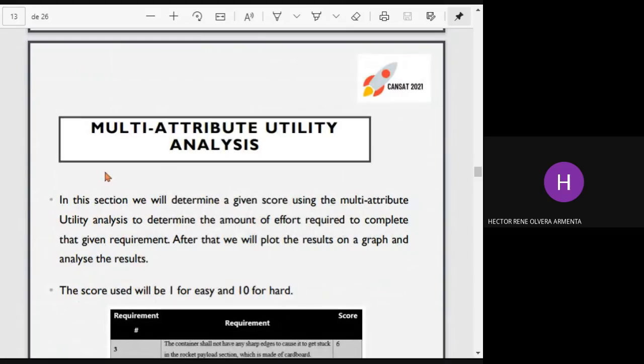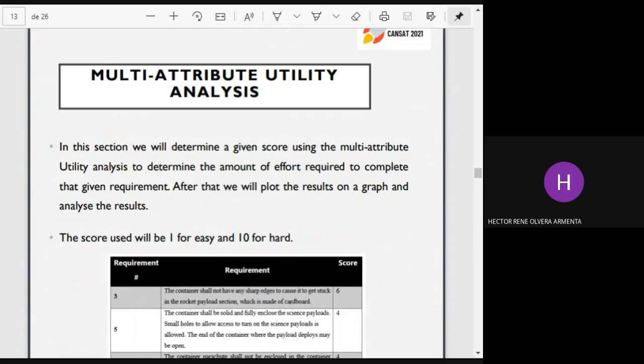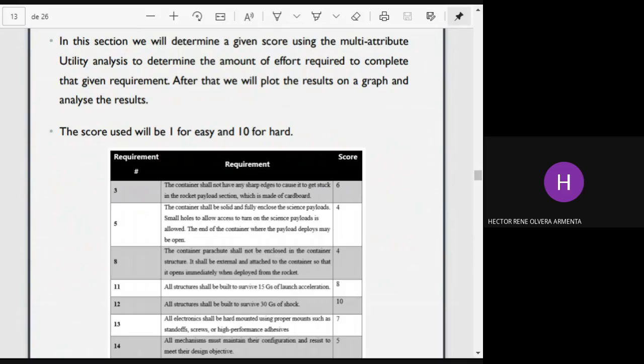Now, here we have the multi-attribute utility analysis. Here we are going to score all of these requirements on a scale of 1 to 10, where 1 is easy and 10 is hard. As we can see, some requirements will be easier than others.